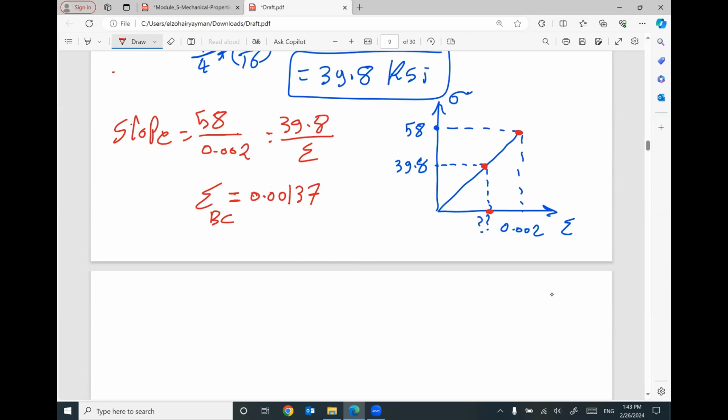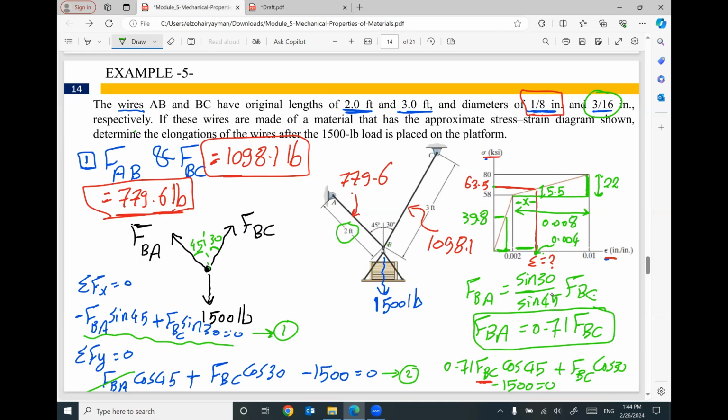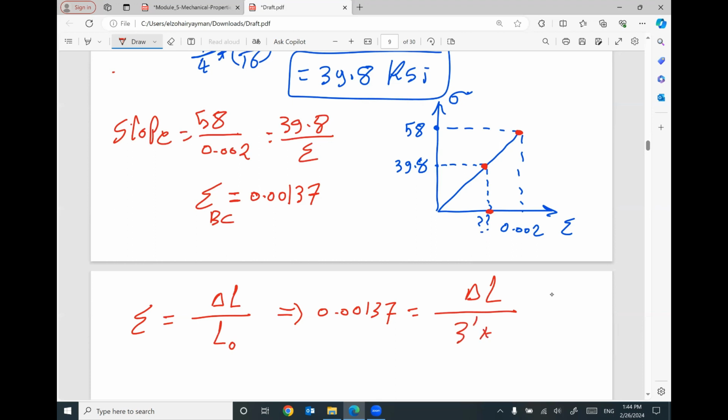So the strain in member BC equals the elongation in this member divided by the original length of this member. So 0.00137 equals the corresponding elongation divided by the original length. The original length of this member was 3 feet. I'm going to multiply it by 12 to be in inches. So the elongation in this member will equal 0.05 inch.